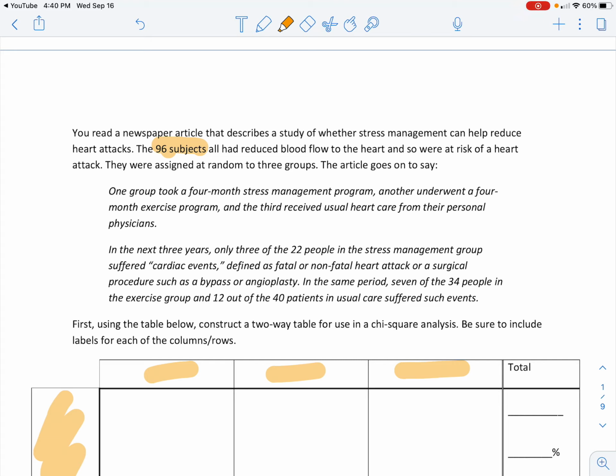They were assigned at random to 3 different groups. Okay, notice 1, 2, 3. The article goes on to say one group took a 4-month stress management program, another underwent a 4-month exercise program, and the third received the usual heart care from their personal physicians.